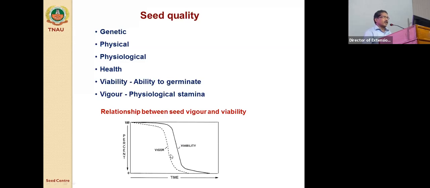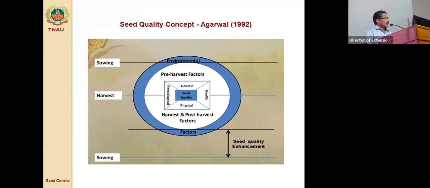That is why, when going for field sowing, field performance will be very poor when the vigor is very poor. Because now we are not considering vigor, we are not having any test. Of course we have tests, but we are not practicing them. So vigor loss precedes the viability loss. So we have to give as much importance to maintaining vigor as to viability.